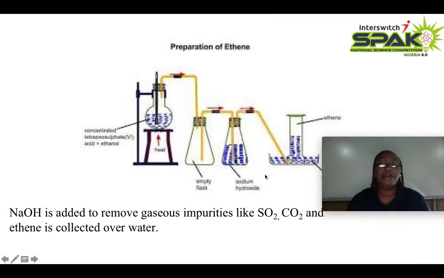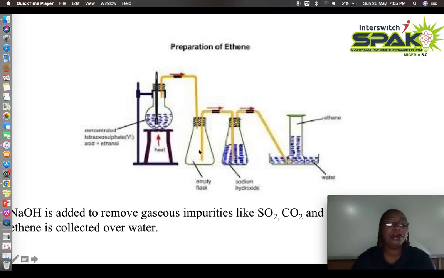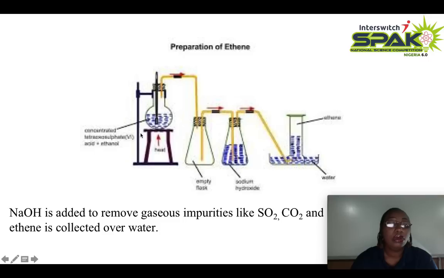This is the preparation of ethene. The diagram for the preparation shows the dehydrating agent, which contains H2SO4, reacting with and dehydrating ethanol to produce ethene.